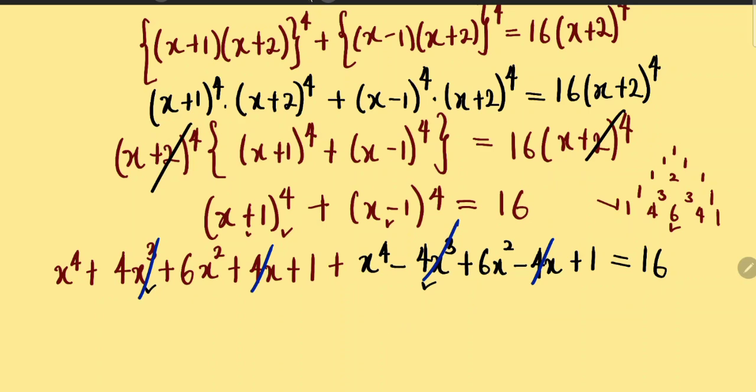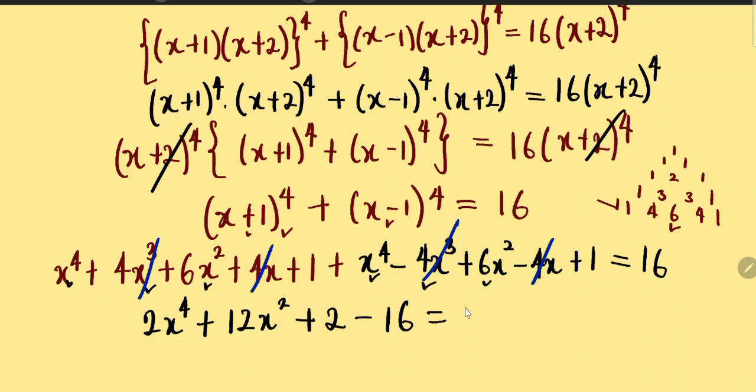So we are left with this value. So we have 2 of that, which is 2x raised to the power 4, then plus we have this left, 6x squared plus another 6x squared, we have 12x squared, then we have 1 plus 1, that is 2, minus 16. Let's bring 16 in, everything is equal to 0.